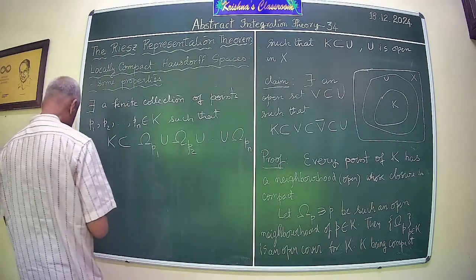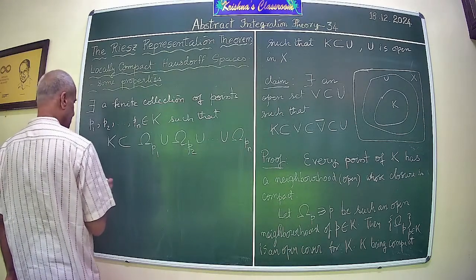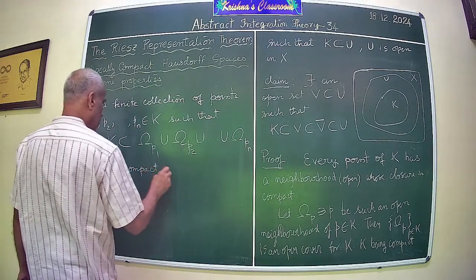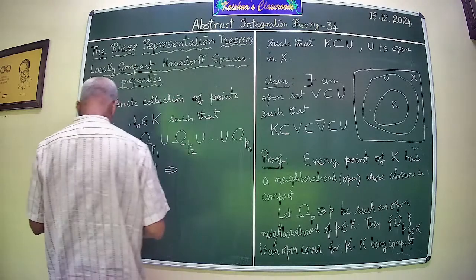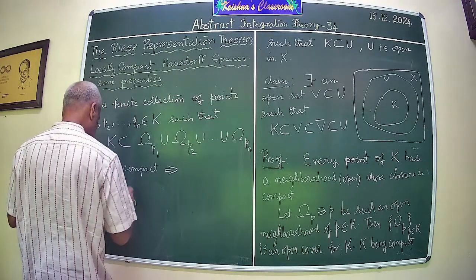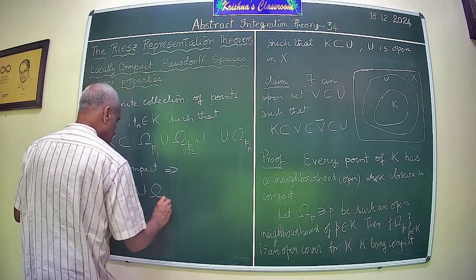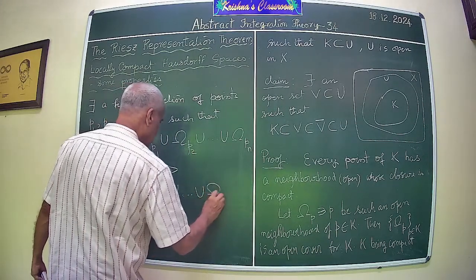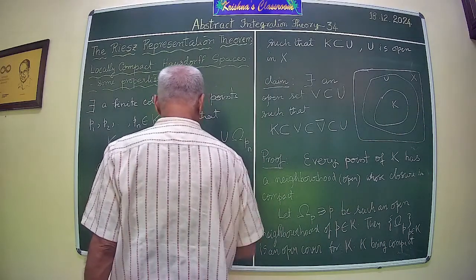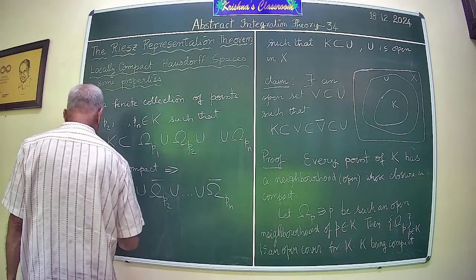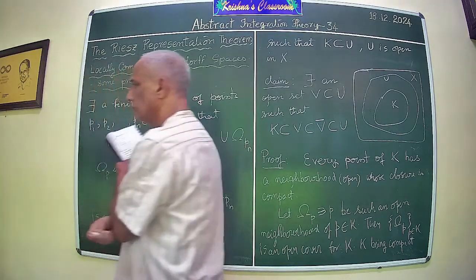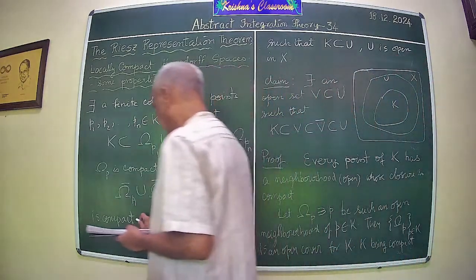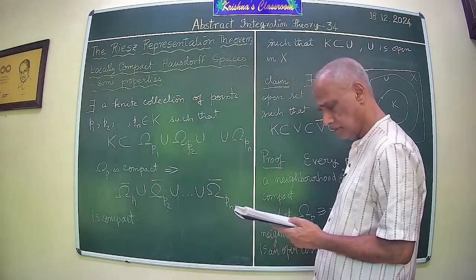Now obviously Omega p is compact, therefore, so here we use the locally compact property. Okay.